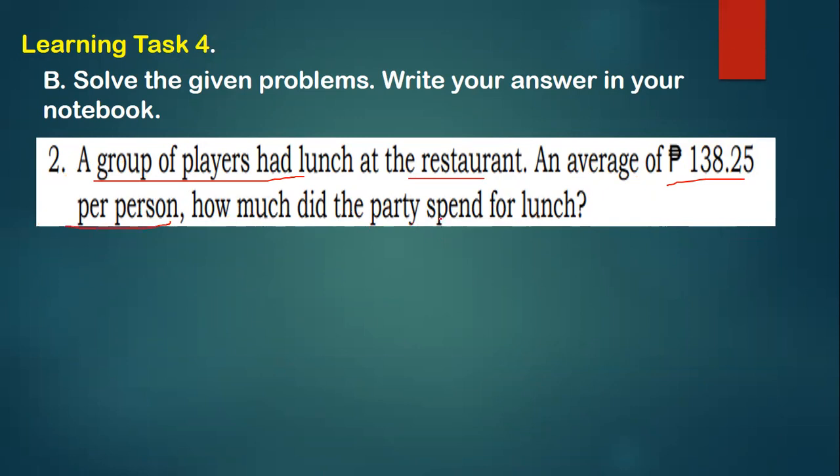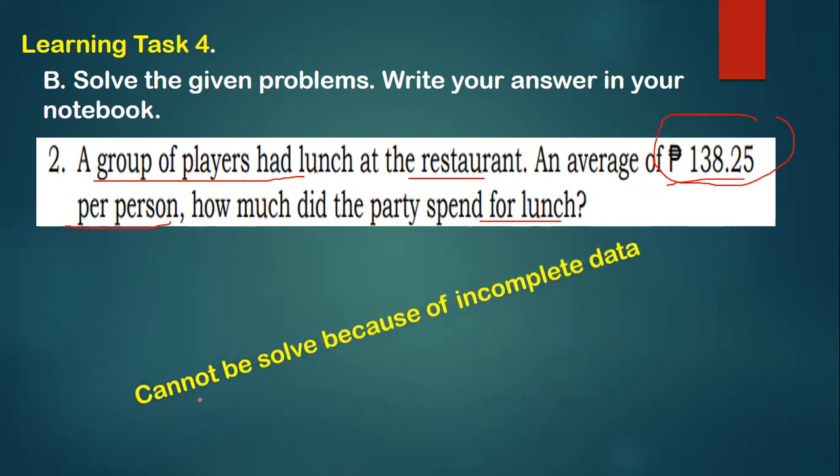Magkano kaya ang ginastos sa lunch? Okay? So, kulang ang kanyang given. Kasi wala namang kung ilang number ng players eh. So, hindi natin mamumultiply yan. Isa lang ang given. So since incomplete, you cannot solve the problem because of incomplete data. So wala talaga. Hindi talaga masasagot.